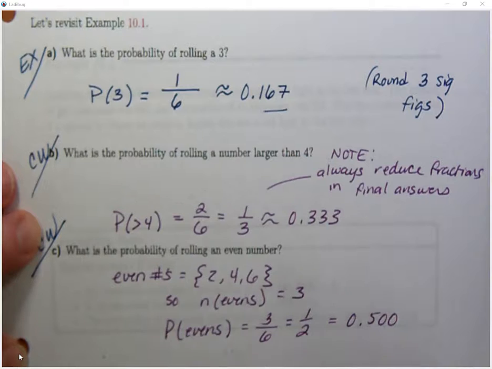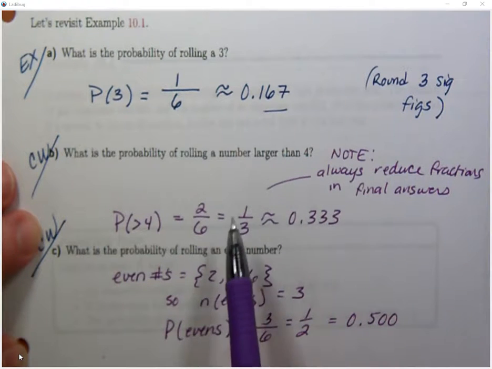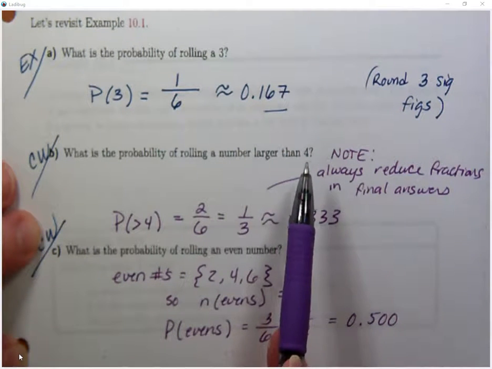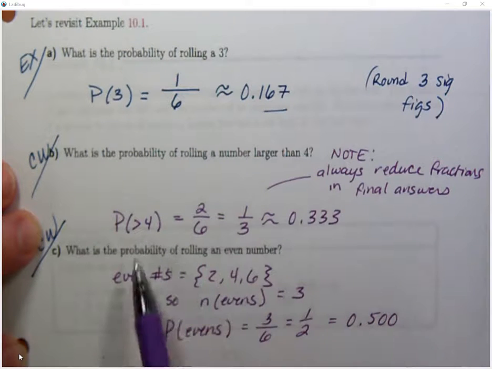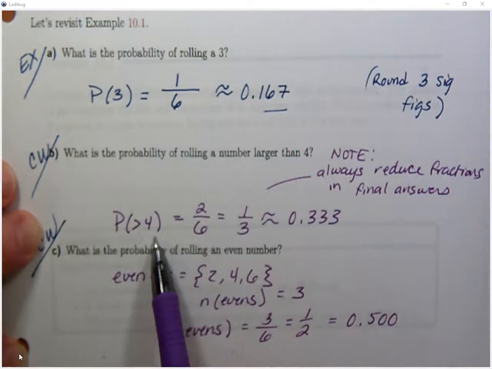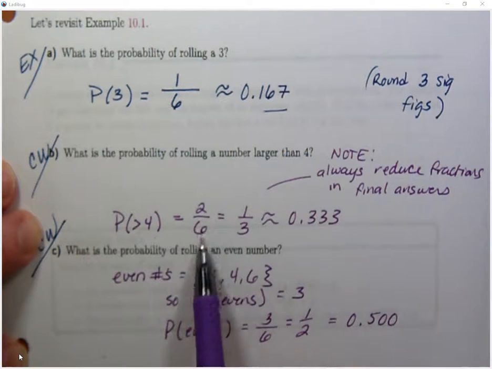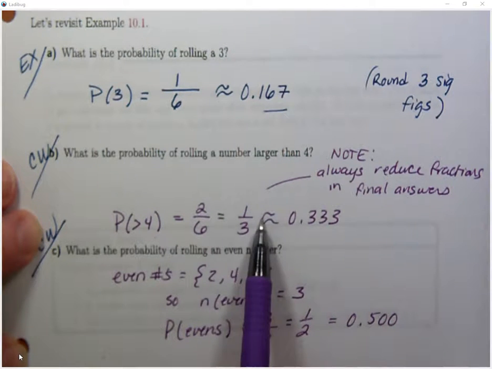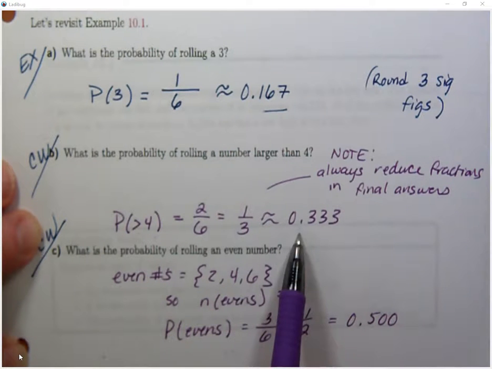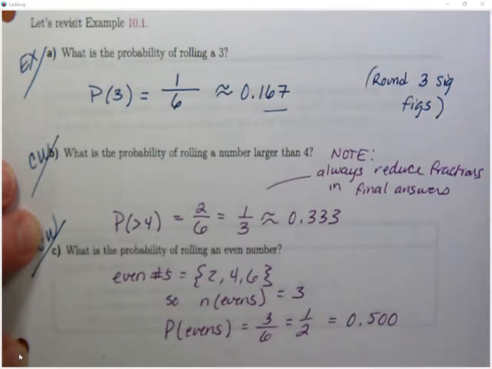Okay, so here's the answers for probability of rolling a number larger than 4. We would just have 5 and 6, not including 4. This is how we could write this. We would have 2 over 6 and then reduce, and we can round off to 3 significant digits.